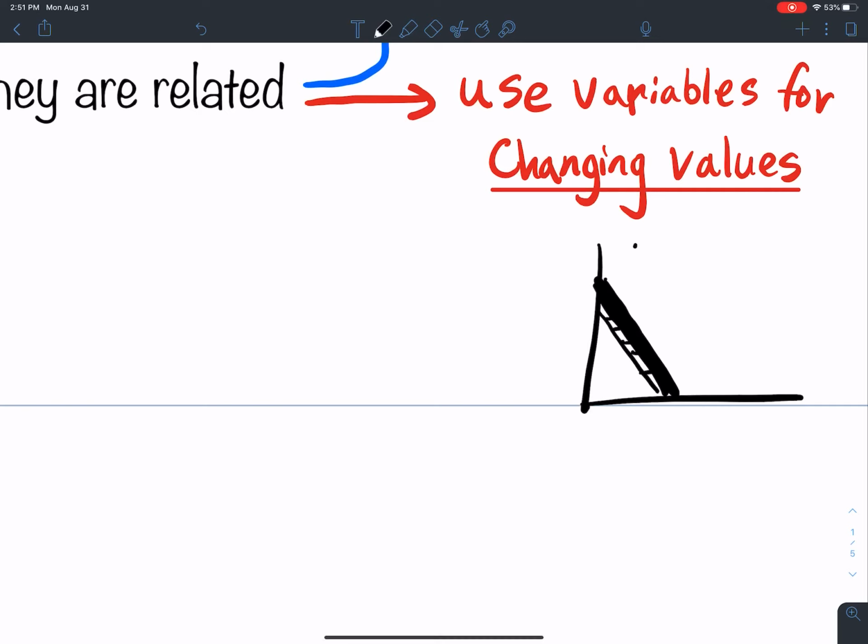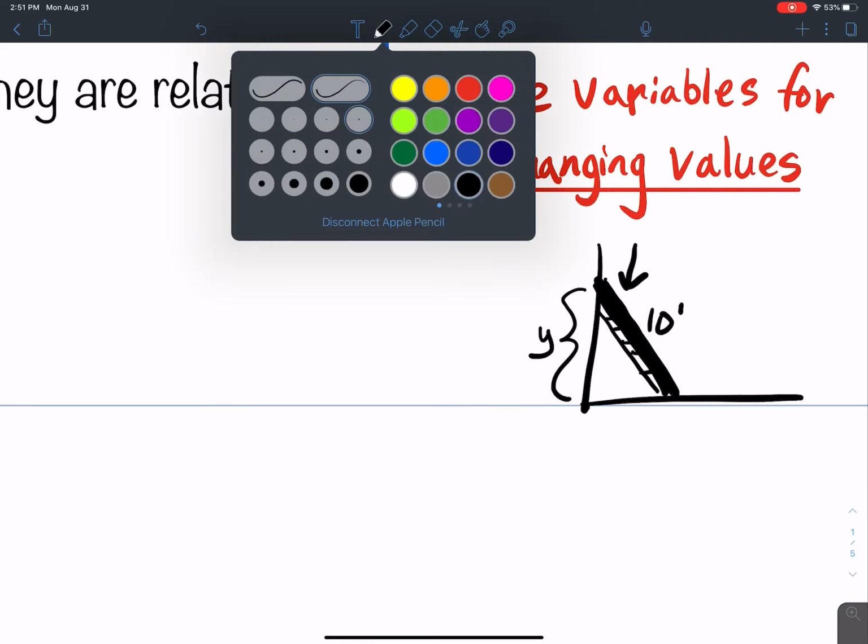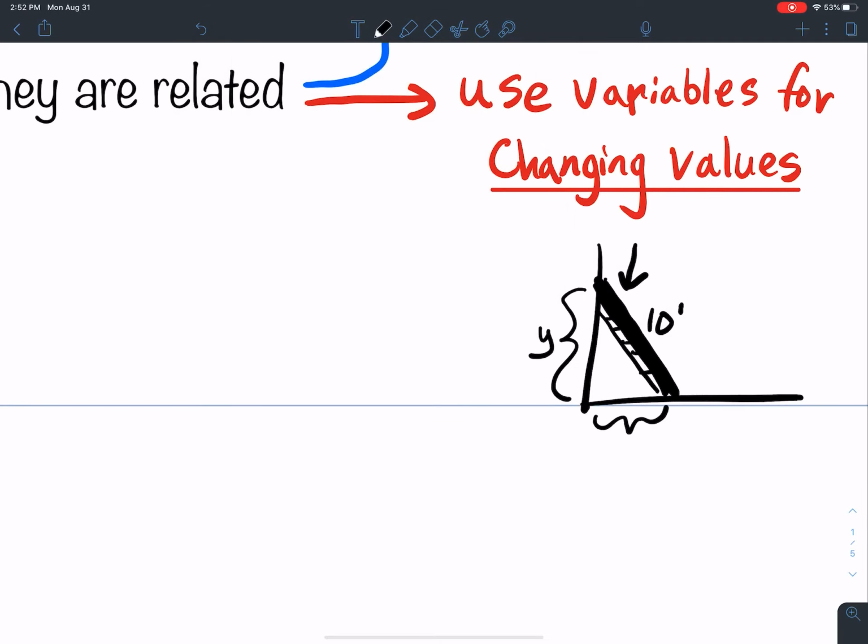Now, as this ladder falls down, the height, if I call that value y, is changing, but maybe the 10-foot ladder is always staying the same, right? And then the x down here, this is changing, right? So as the ladder falls downward like this, the length of the ladder is fixed. That's why I use a number here to represent it.